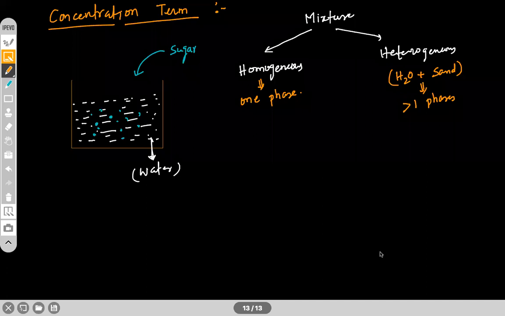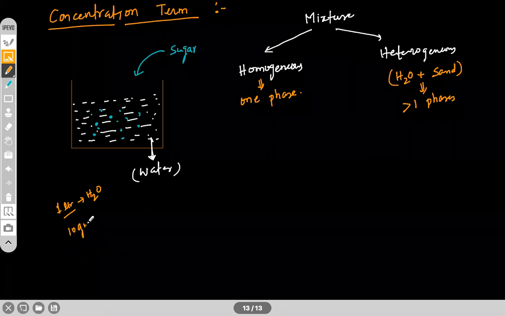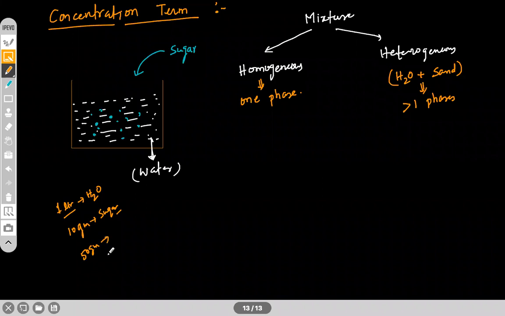Okay. Now what happens? Suppose initially you have taken 1 liter of water, 1 liter of H2O, and in this you have added 10 gram of sugar. And then you have added 50 gram of sugar, and then 70, then 100, and so on. You are increasing the amount of sugar into it.